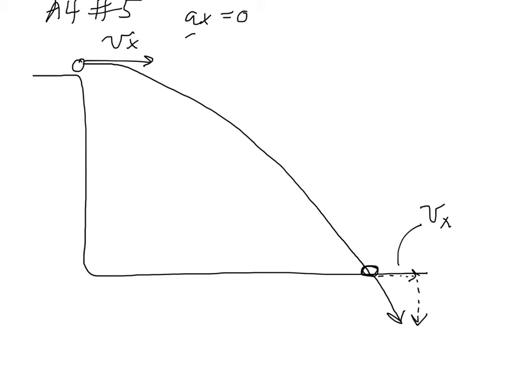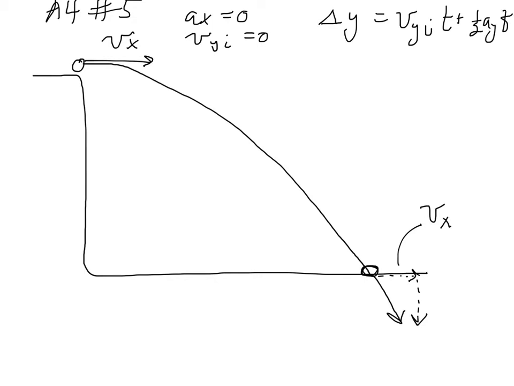This means that Vy initial equals 0, and in order to find the time, we did this in lab, we used that delta y equals Vy initial t plus 1/2 ay t squared.